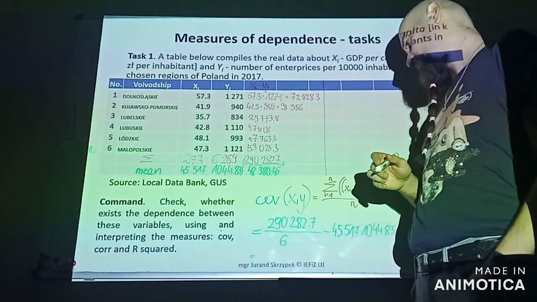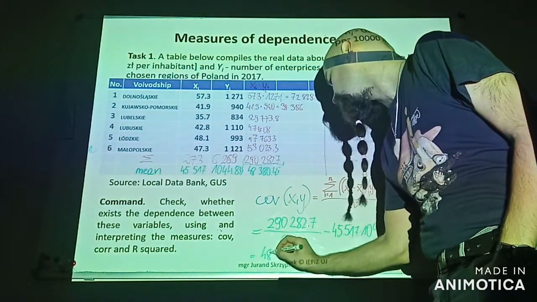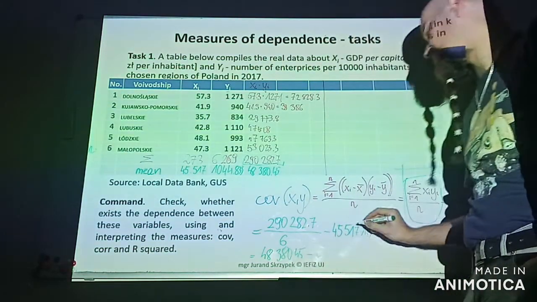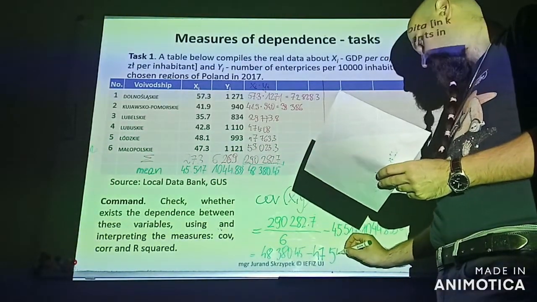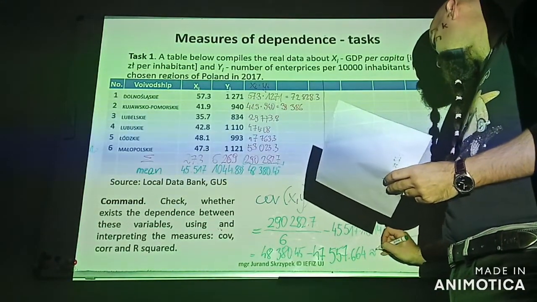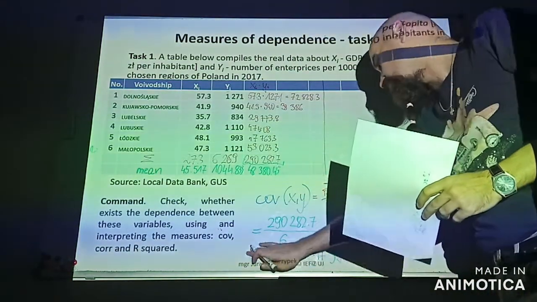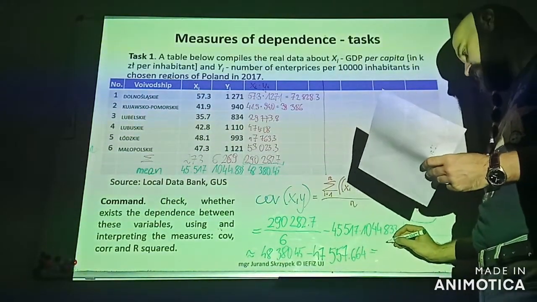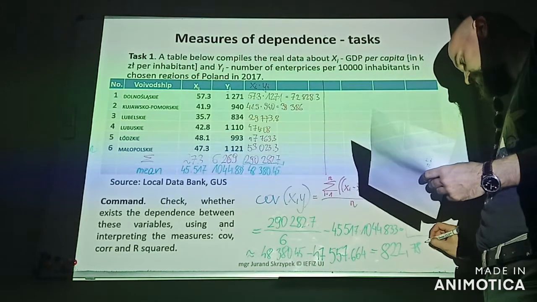290,282.7 divided by 6 is 48,380.45, minus 47,557.664, and the final result, actually here we have an approximation, is 822.786.